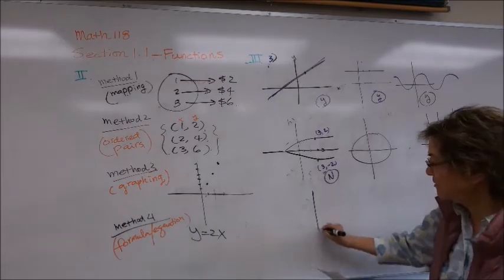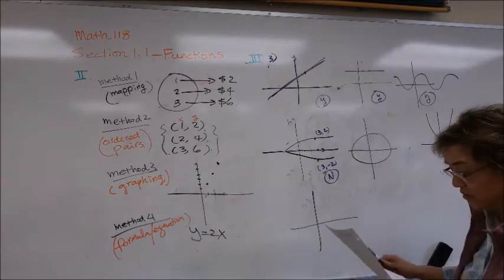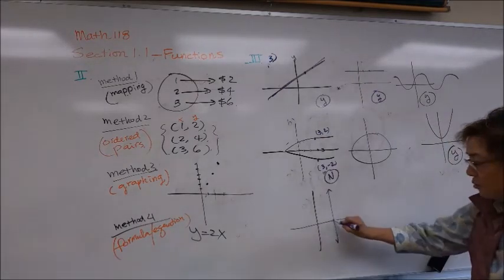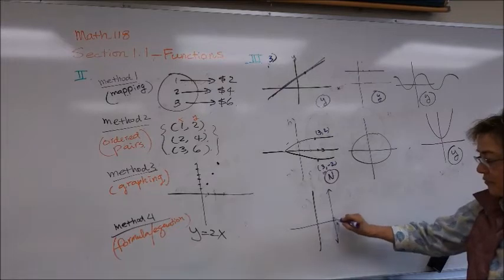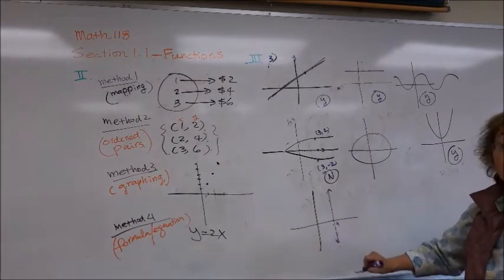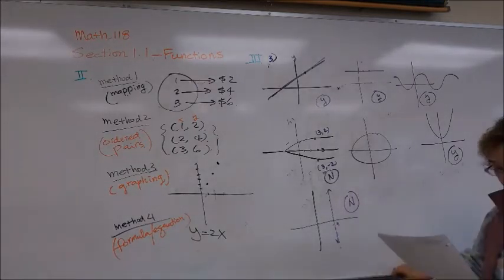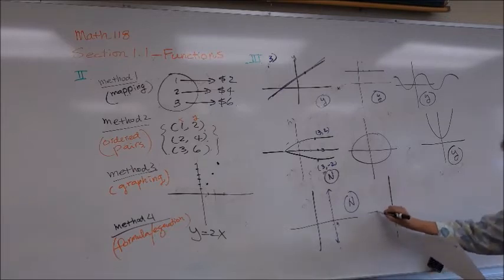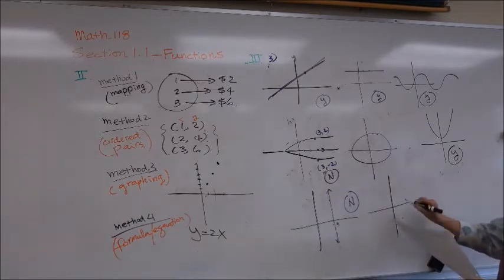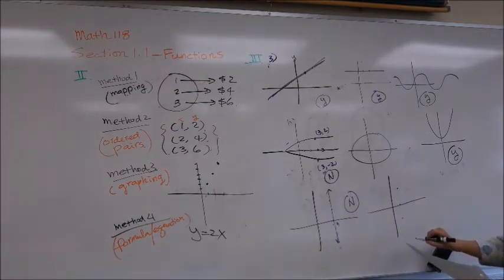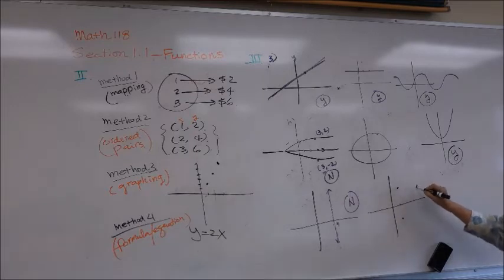If you have a vertical line, do you think this is a function? One x value, 5, you can have 1, 2, 3, 4, mapped to many y's. So this one is not a function. How about this one? If x is 2, y can be 4 or -4. Is this a function? No. So you just use the vertical line test to decide.